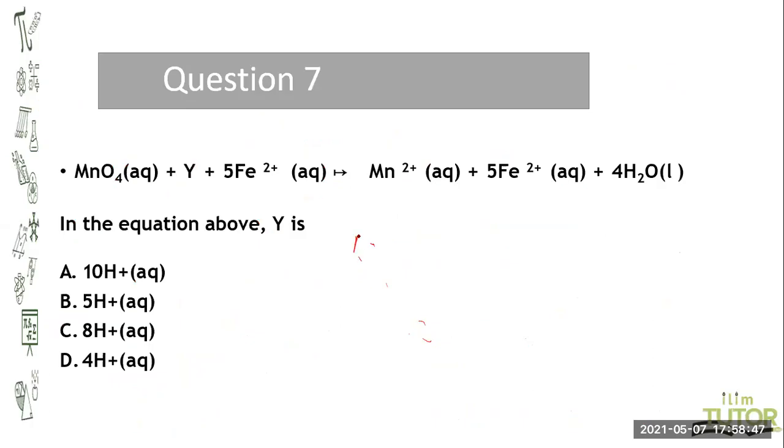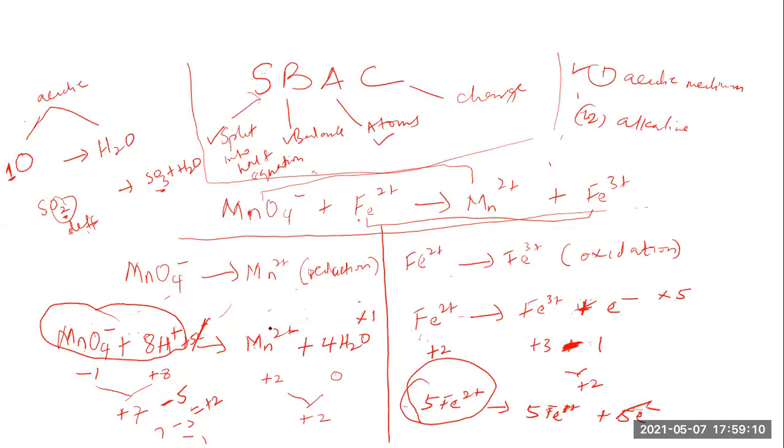So that is MnO4- plus 8H+ plus 5Fe2+. All right. So let's go back to the one on the right hand side. These are the ones on the right hand side.